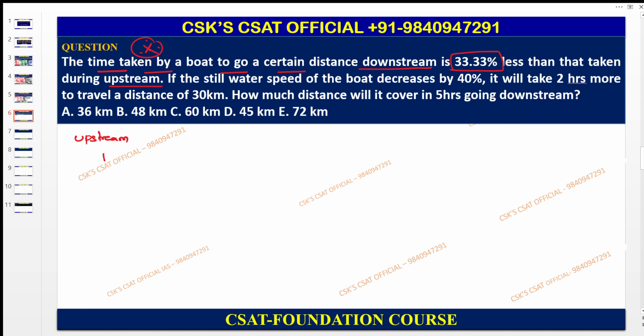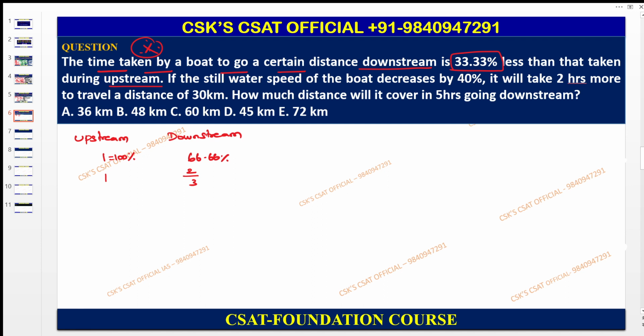So for upstream, if it is a percentage, you can take it as 100%. So for downstream we need to subtract this 33.33, so it becomes 66.66. Converting to fraction, 66.66 is nothing but 2 by 3.